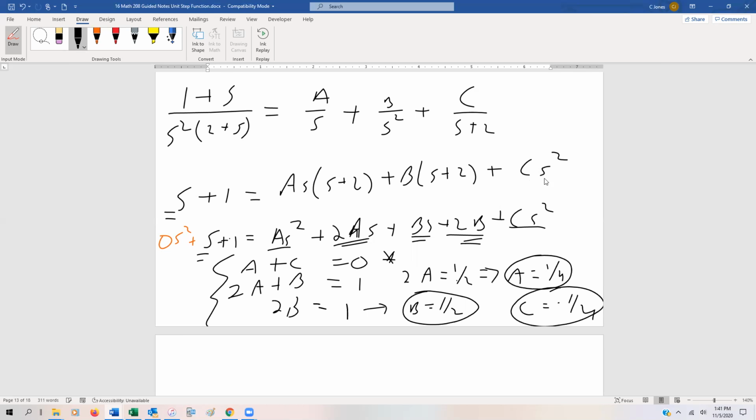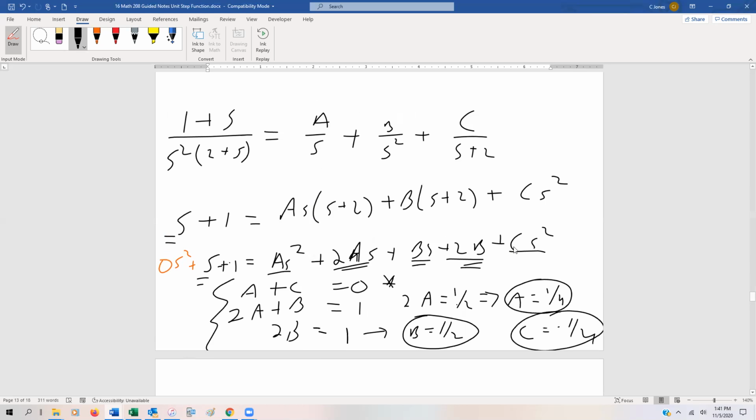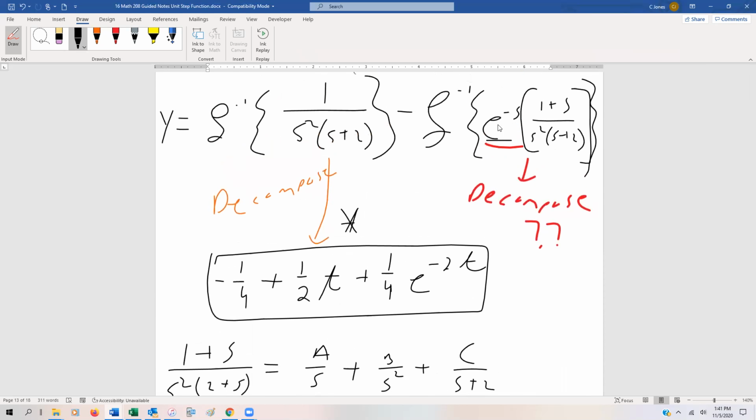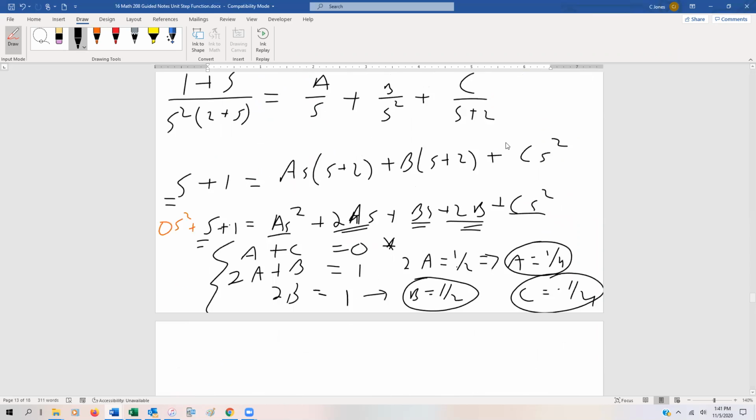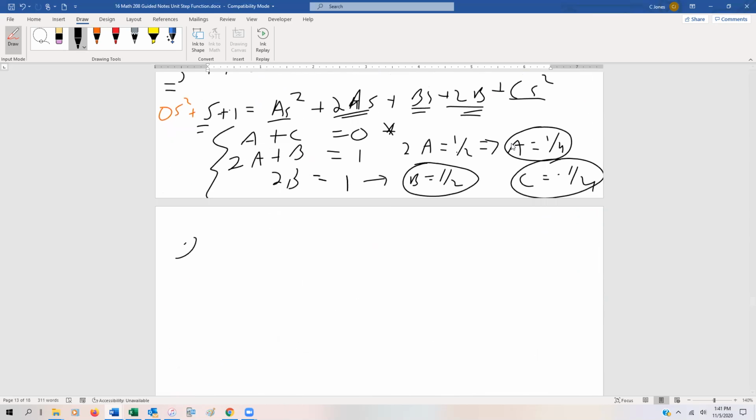Now, we can't forget that when we do this, we have to go back and make sure that we include this e to the minus s. So our inverse Laplace is going to be e to the minus s times 1/4 over s.